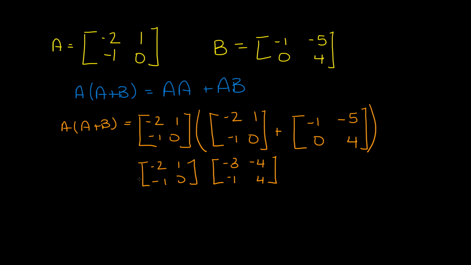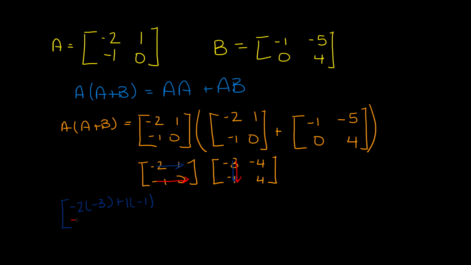All right. So again, I'm going to multiply by going across and then down. So in this case, we have -2 times -3 plus 1 times -1. And then I'm going to go across and down.